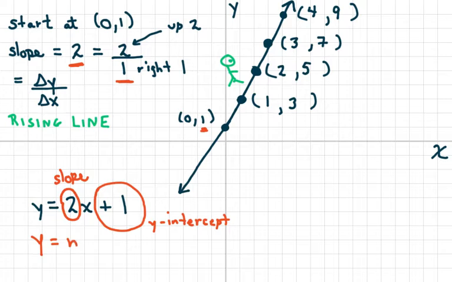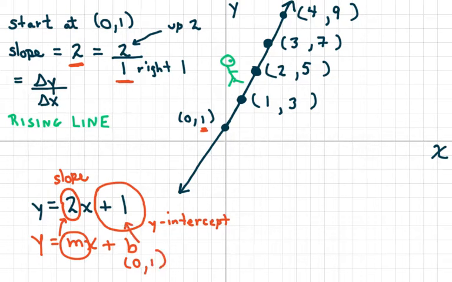So this is y equals mx plus b form. M, the number in front of my x, is the slope. And 0 and whatever this b guy is my y-intercept. Okay. Notice when the slope is a positive number, I'm going up and to the right, up and to the right, up and to the right, and I get a rising line.